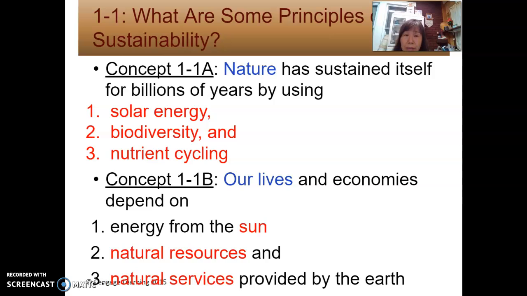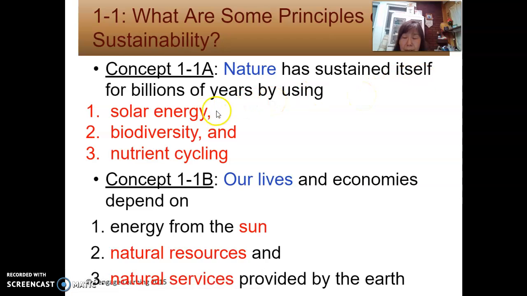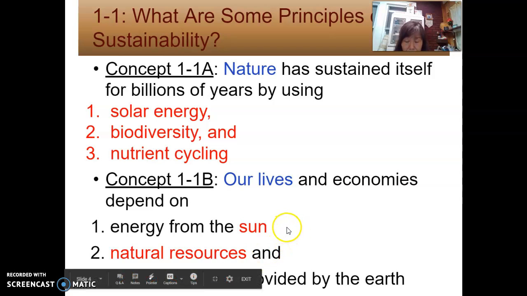For section 1, we're looking at the foundation principles of sustainability, and we're looking at 3 ideas. 1A is how nature has sustained itself for billions of years by using solar energy, biodiversity, and nutrient cycling. 1B says our lives and economies also depend on nature: solar energy, natural resources, and biodiversity.